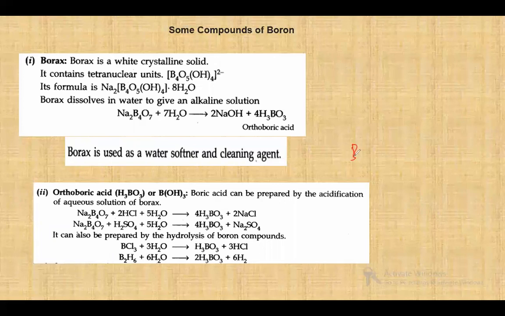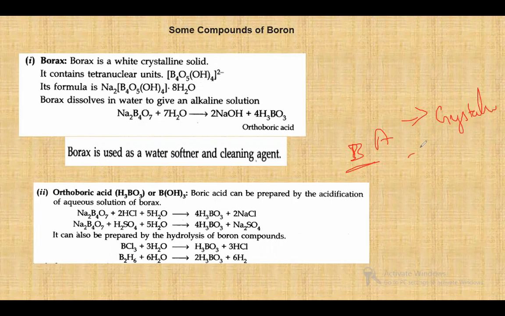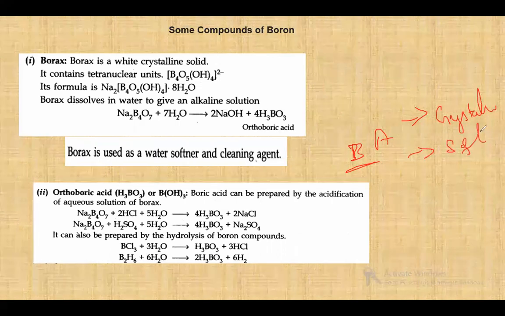Boric acid is a crystalline solid with a soft and soapy touch, and it is sparingly soluble in cold water, fairly soluble in hot water. It is a weak monobasic acid.